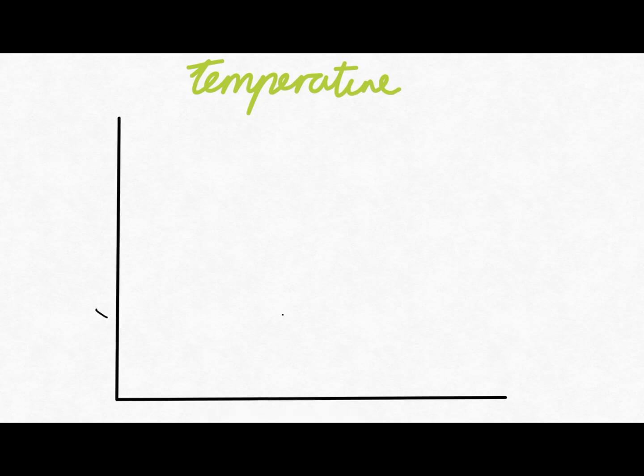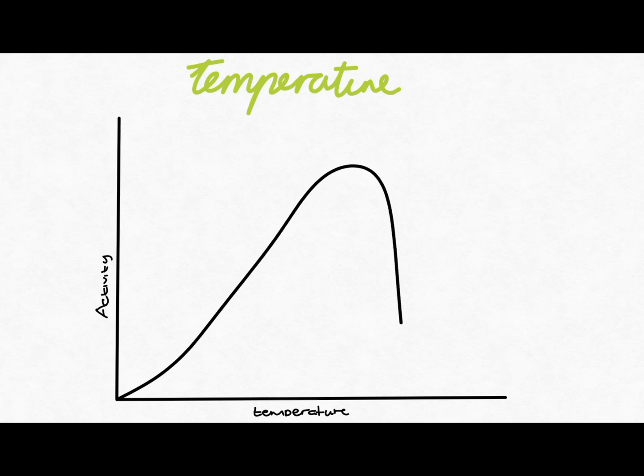But the change in temperature isn't all bad. If we look at a graph of the activity of an enzyme over the temperature of the solution, we can see that as the temperature increases, the activity increases as well. This is because of the kinetic model theory. As the temperature increases, our kinetic energy increases, meaning that the particles will move faster, meaning more substrate will collide with enzymes and more substrate will be turned into products.